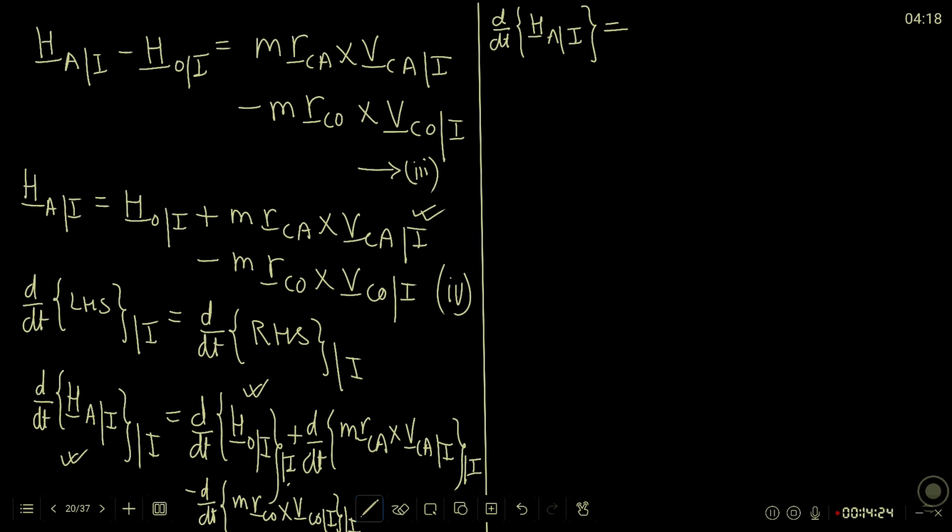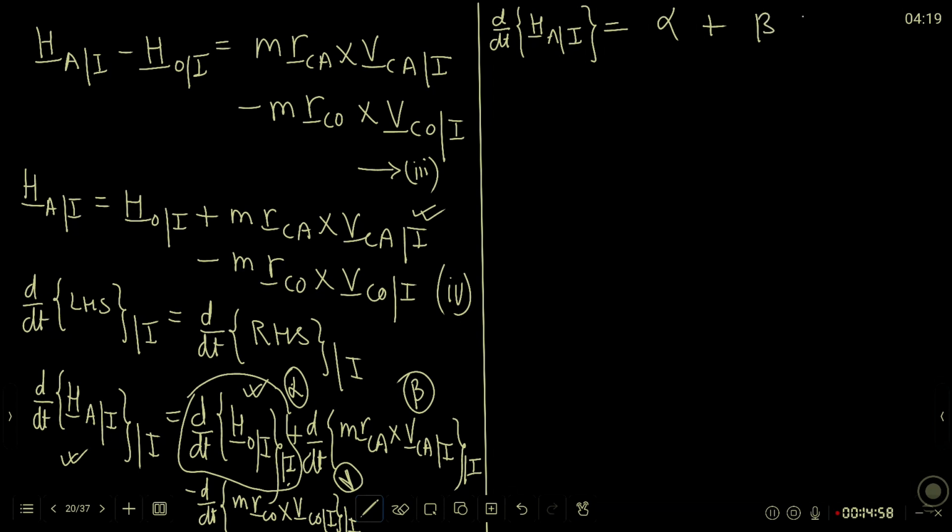Now this term here is Euler's... well, let me call this term alpha, this is beta, and the third term gamma. On the right hand side I have three terms, alpha plus beta plus gamma.